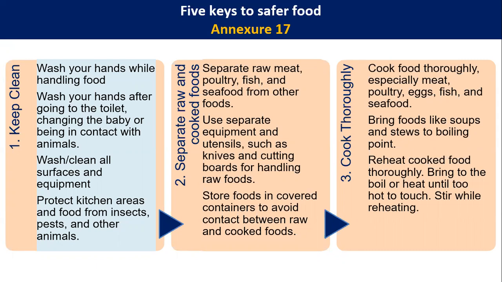Cook the food thoroughly, especially meat, poultry, eggs, fish, and seafood, because that is where maximum contamination happens. Bring foods like soups and stews to boiling point, and reheat cooked food thoroughly until it is piping hot. These are the techniques you should follow.